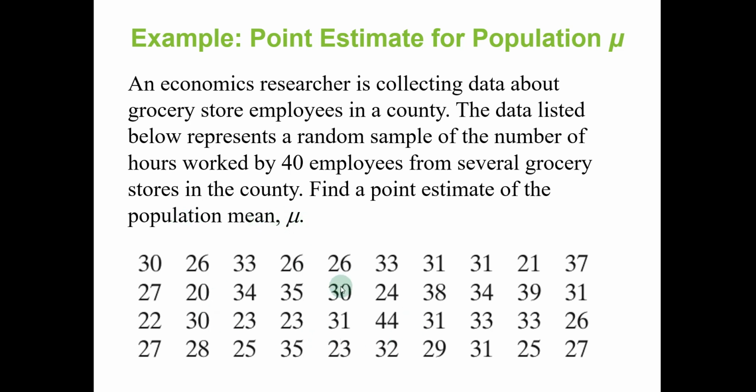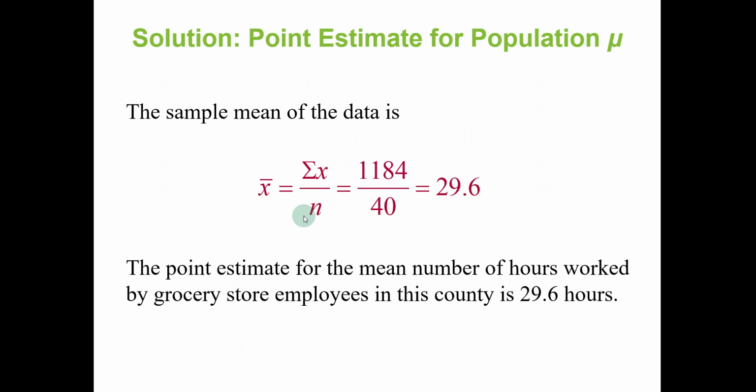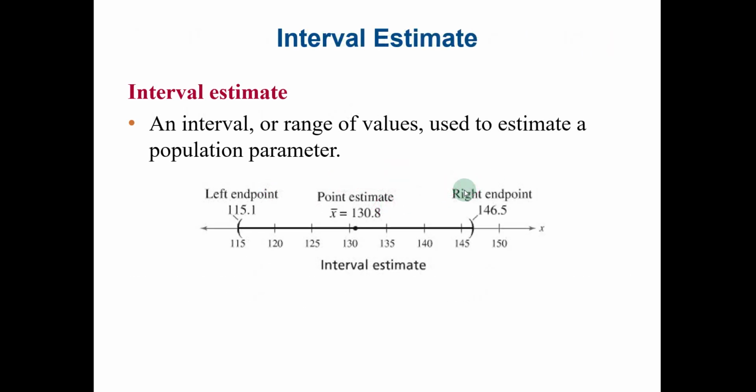We have sample data, so we are simply going to calculate the sample mean, and it will be the most unbiased estimate of the population mean. We sum all the numbers, divide by the sample size, and we end up with that.